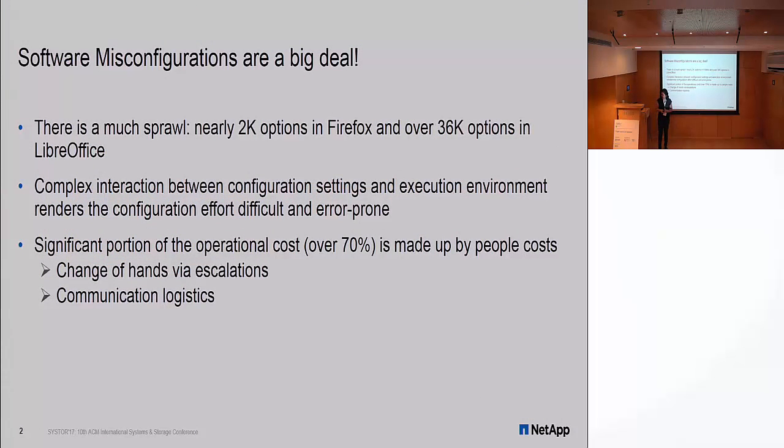So we start with misconfigurations. Why are they a big deal? Even a simple application like Firefox has nearly 2000 configuration parameters. If you take it further to something like LibreOffice, it has close to 36K configuration parameters. So why do misconfigurations happen?